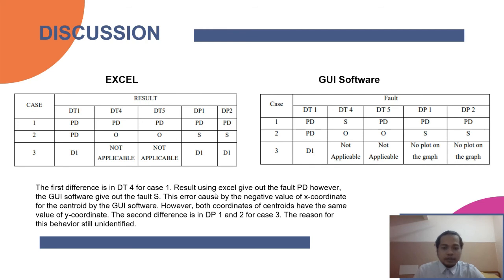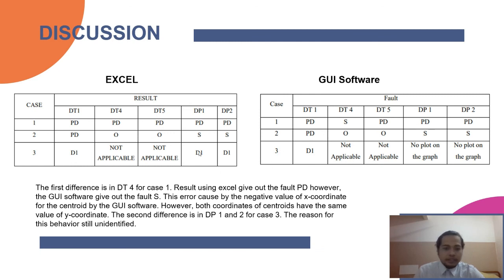This error is caused by the negative value of the X coordinate of the centroid in the UI software. However, both coordinates of the centroid have the same value of Y coordinate. The second difference is in DUVAL pentagon 1 and 2 for case 3.